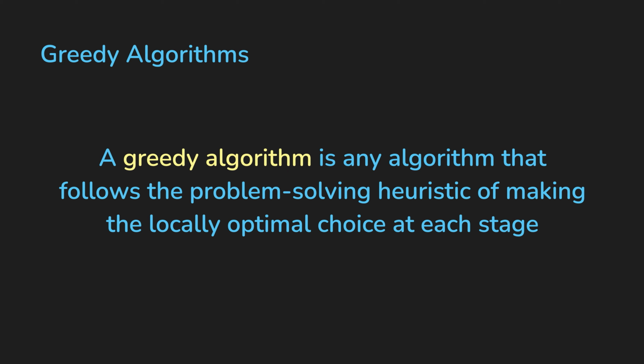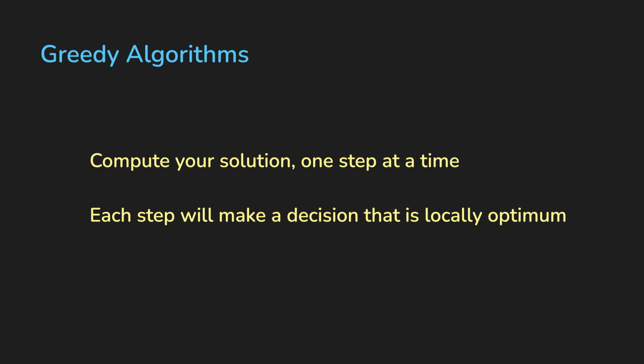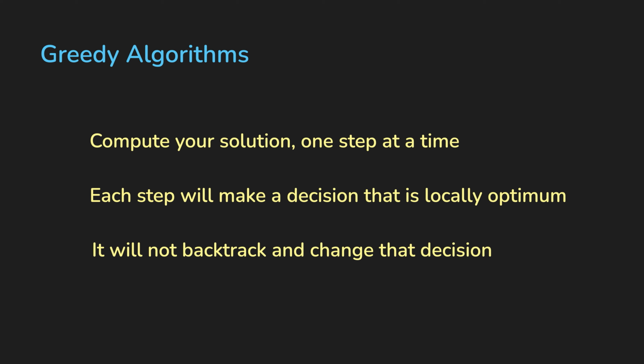So let's look at our definition of a greedy algorithm again and deconstruct it. Basically, what this is saying is that your algorithm will compute your solution one step at a time, and each step will make a decision that is locally optimum. And lastly, it will not backtrack and change that decision.